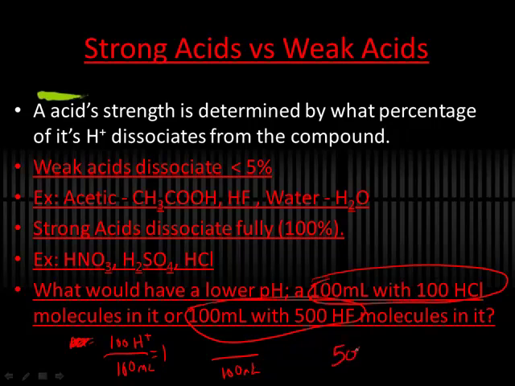We take 500 times 0.05, and you only get 25 molecules. So we have 25 over 100 milliliters. It only gets us 0.25. The 100 HCl molecules have a concentration 4 times stronger, so it's going to be a much lower pH.